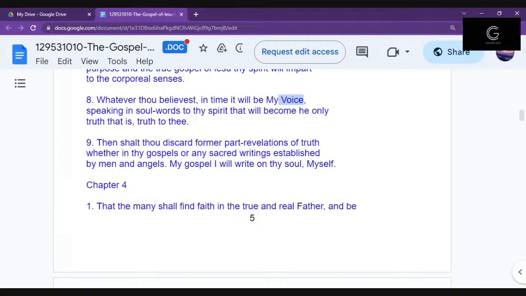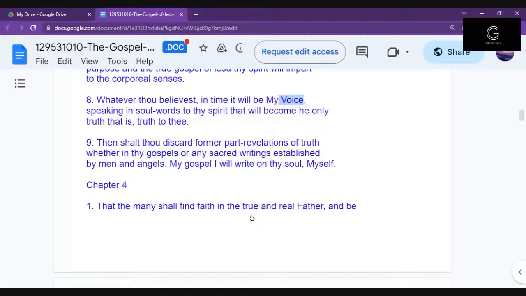Whatever thou believest in time, it will be my voice. Speaking in soul words to thy spirit that will become the only truth that is, which is truth to thee.